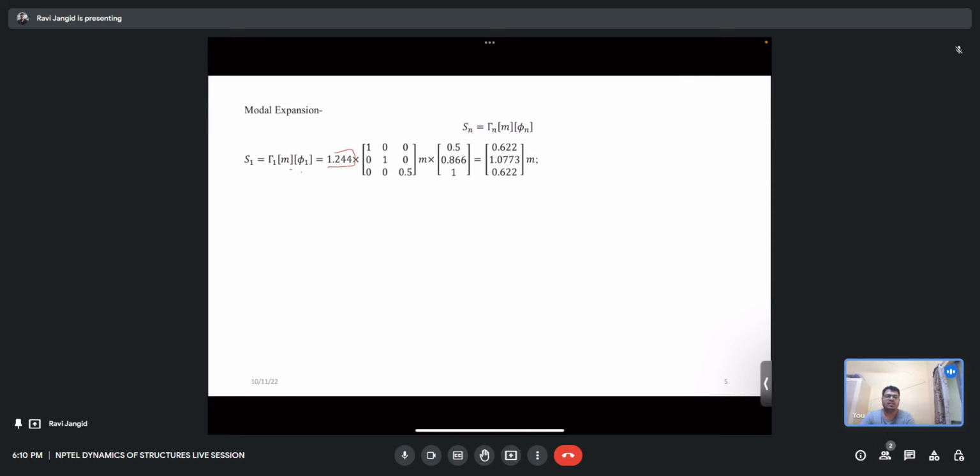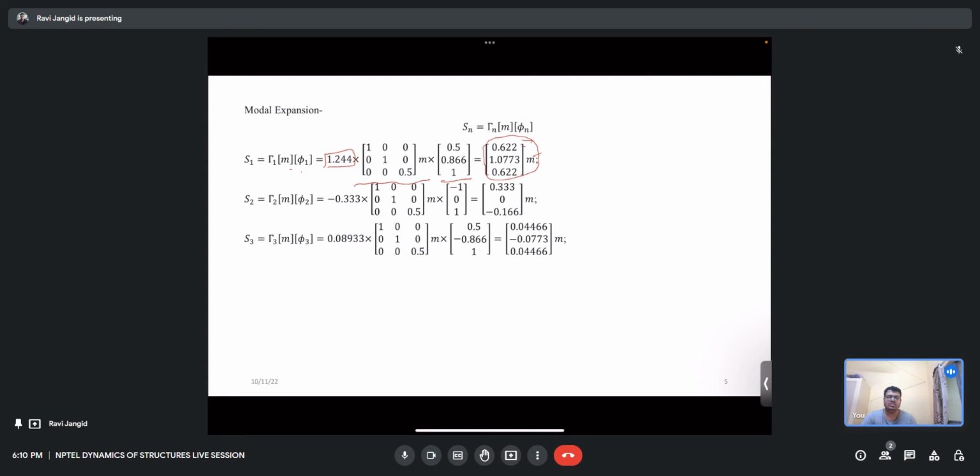So this is the model partition factor gamma 1 which we have calculated in the previous slide. This is the mass matrix. This is the mode shape 1. So corresponding to mode 1, this is my model expansion, and here m is the mass. Okay, so same for S2, same for S3. In this we only need to change gamma 2, gamma 3, and the mass matrix.